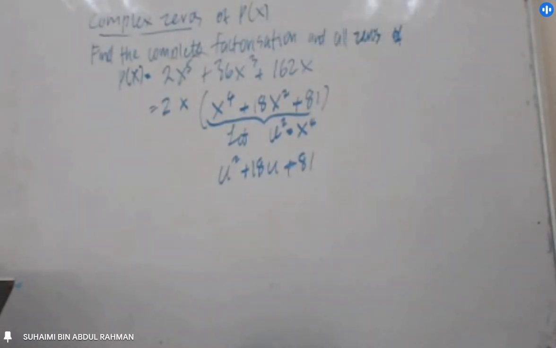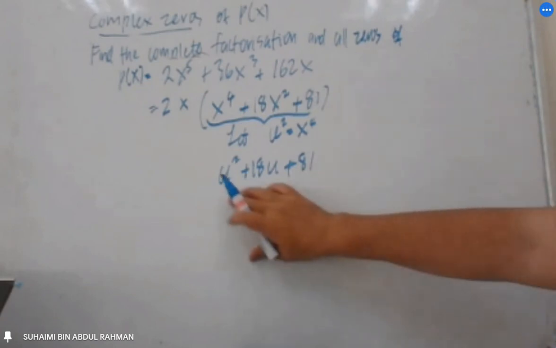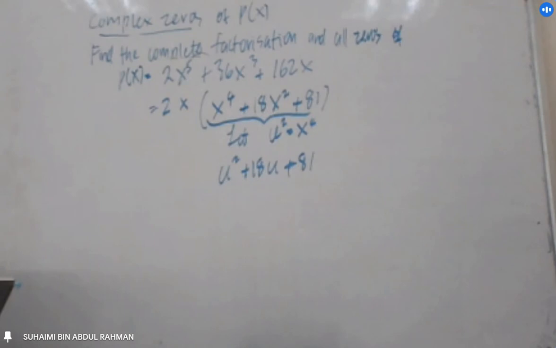Or you can say that u is equal to x to the power of 2, same as u squared equal to x to the power of 4. Plus 81, now we can factorize this as what?